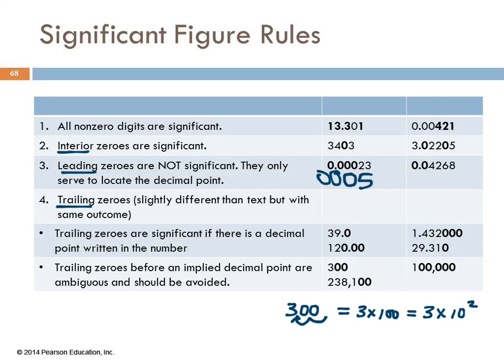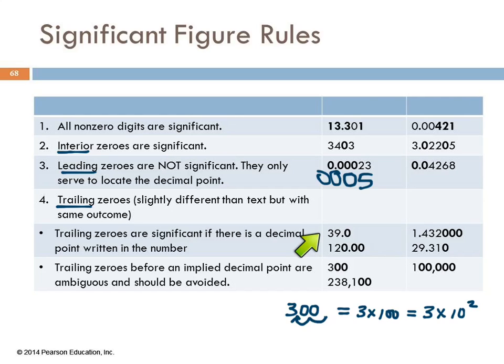What happened to those trailing zeros? Do we need them anymore? No. When we write numbers in scientific notation, these ambiguous trailing zeros go away. The problem goes away.